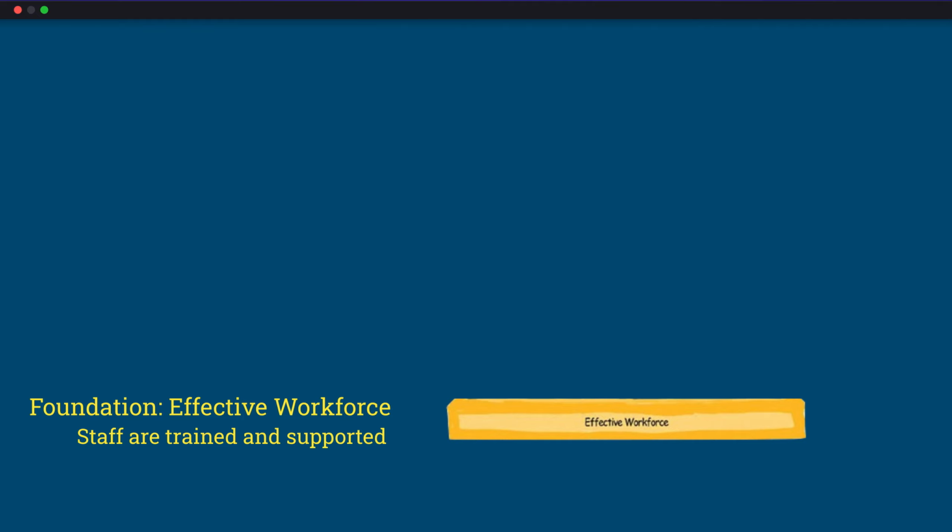The foundational piece is an understanding that all of our staff are well trained in the pyramid model and in strategies for addressing challenging behavior and for promoting the positive behavior that we like to see in classrooms, and also that our staff are supported. So again, that foundation of effective workforce is a really important component of the pyramid model.